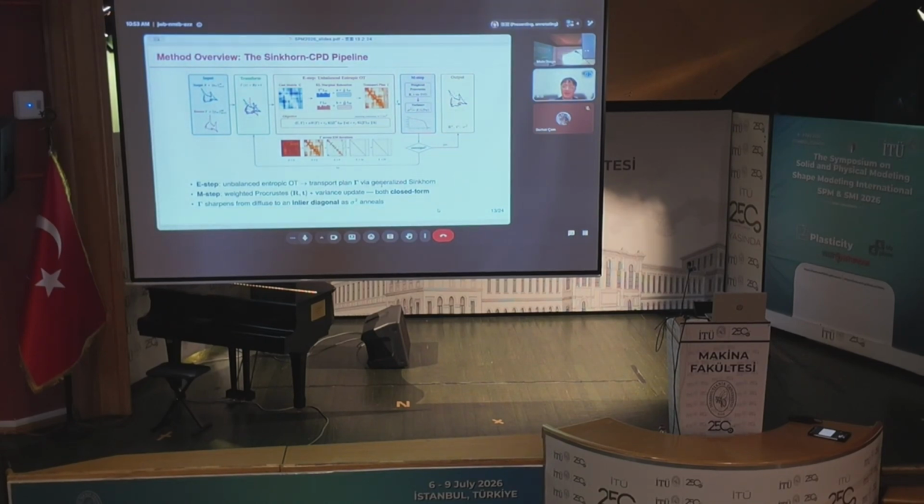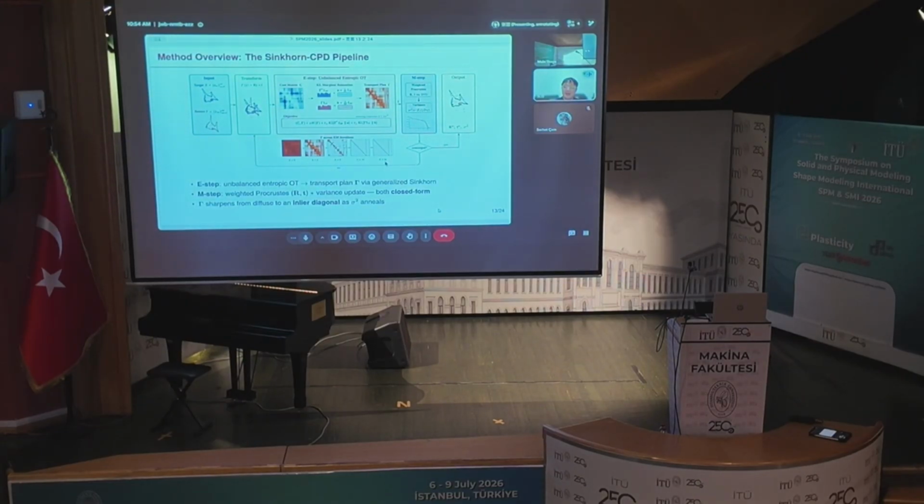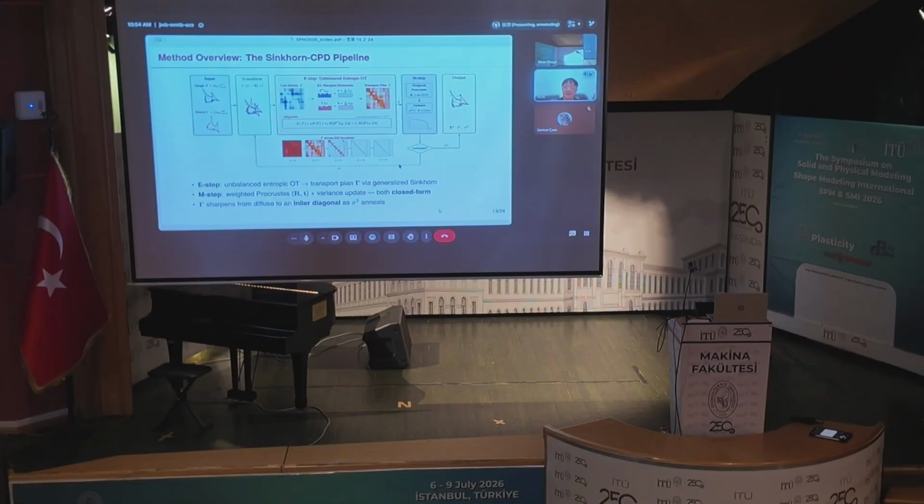It will give us R and t. Then we update sigma. Look at the bottom three. At the start, the plan is blurry. Then sigma shrinks and the plan becomes a clear diagonal line. Every step has a closed form solution, so it is fast.